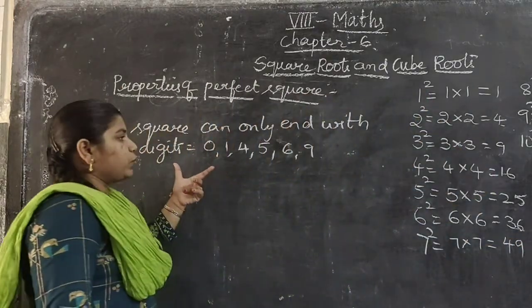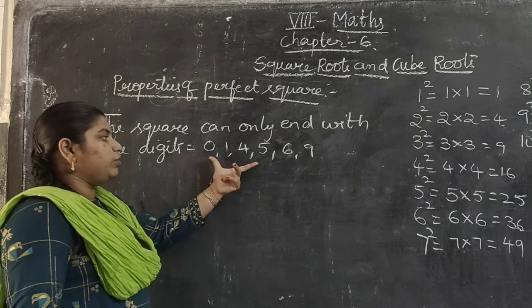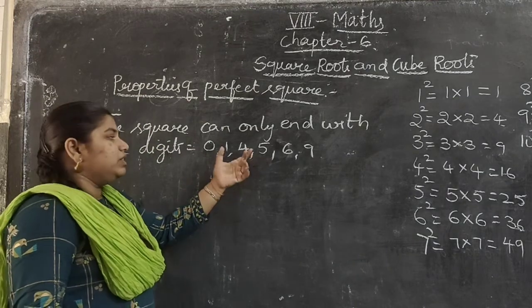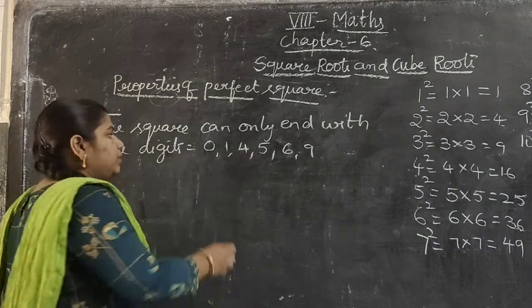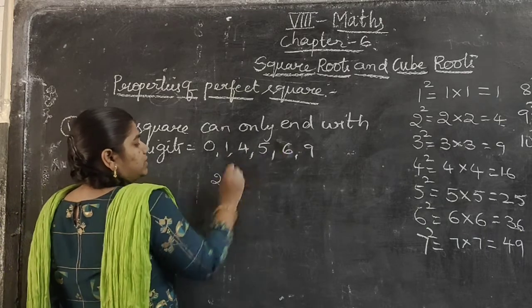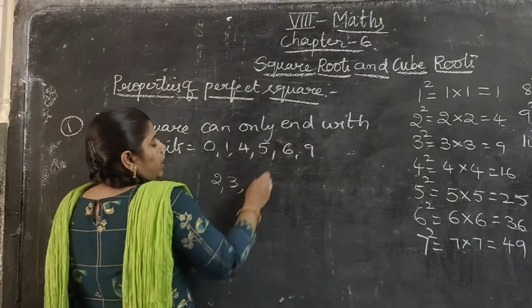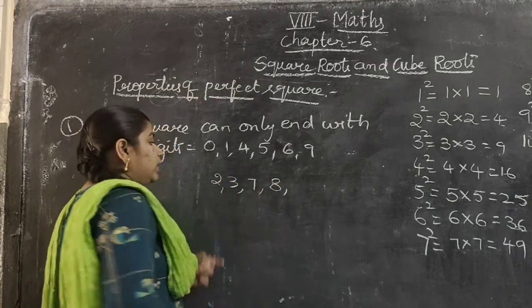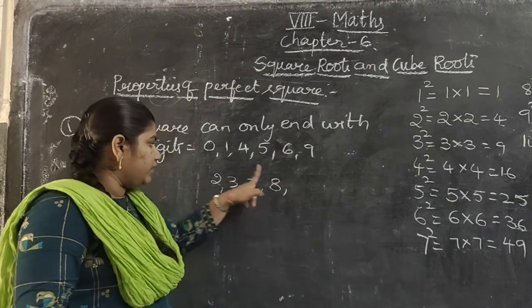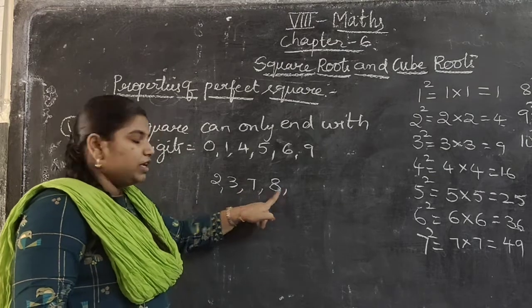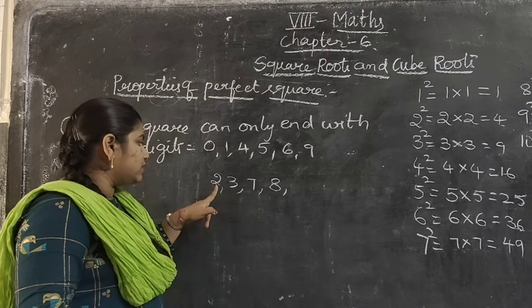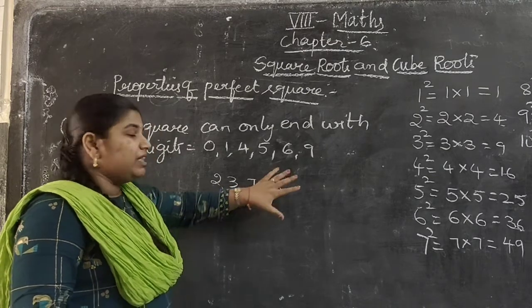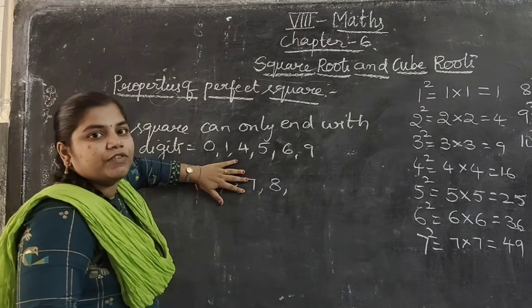The remaining numbers, what are the remaining numbers here? 2 is not there in this set. 3 is not there. In the same way 7 is not there, 8 is not there. So numbers having unit digits 2, 3, 7 and 8 will not be perfect squares.